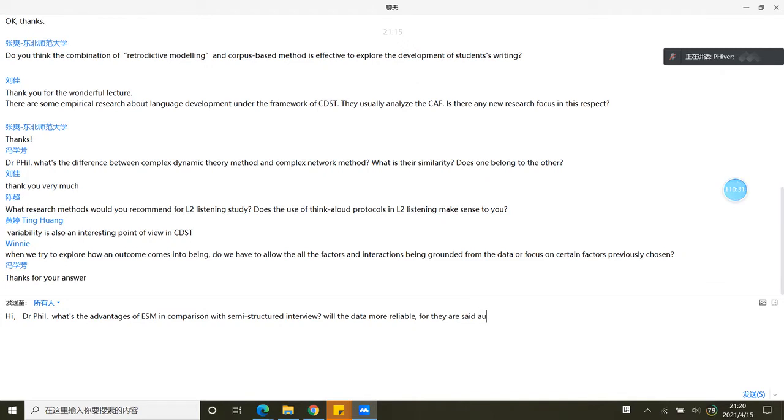Development of listening skills, listening competence, might involve a lot of hidden, I think there are 19 or 20 psychological processes involved. And listening is a black box. So if we would like to get at what's happening inside the individual during listening processes, then yes, it seems to me that think aloud is quite an appropriate method. But again, it would follow from the question, what do you want to know? Does think aloud help you to find that?